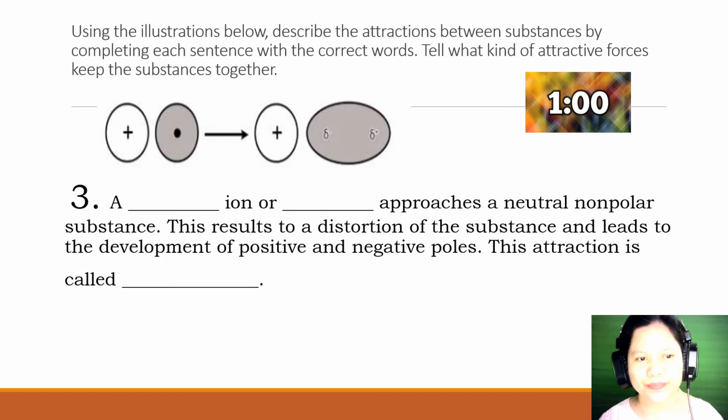Number 3: a blank ion or blank approaches a neutral nonpolar substance. This results in a distortion of the substance and leads to the development of positive and negative poles. This attraction is called blank.